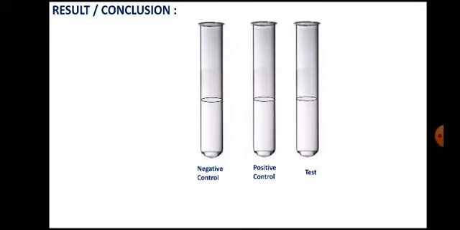Now these are your 3 tubes. Now if the results are like this, you see negative control, it is boiled milk in which phosphatase enzyme is already destroyed. So obviously no reactions are going to happen, and this milk sample remains unchanged. The color remains white. So that is your negative control.